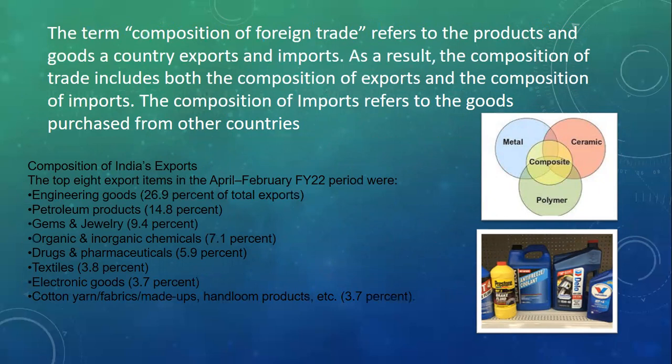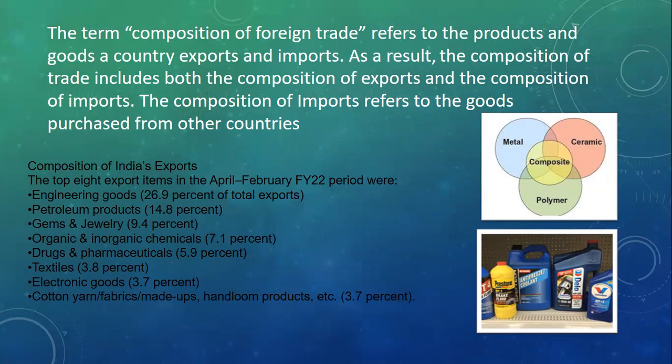Here we can see the percentages of the top export items in the last financial year, April to March. Engineering products were exported at 26.9% of total exports. Engineering products include metal, ceramic, composite and polymers.